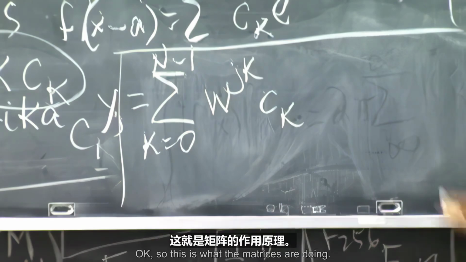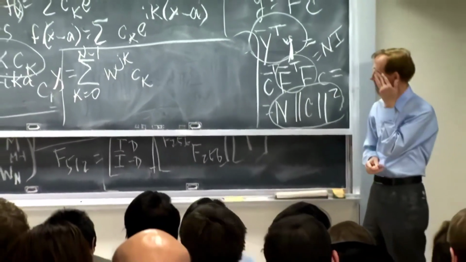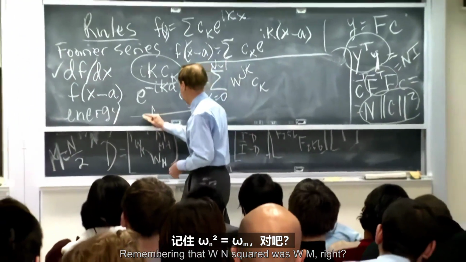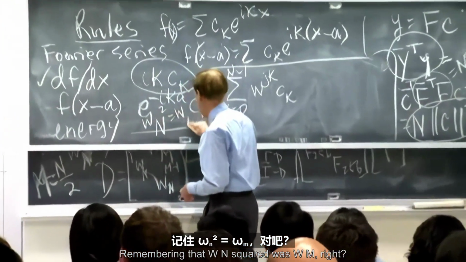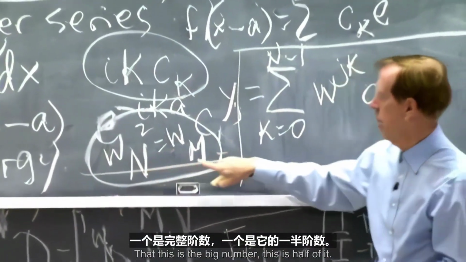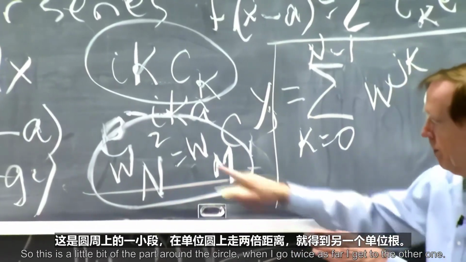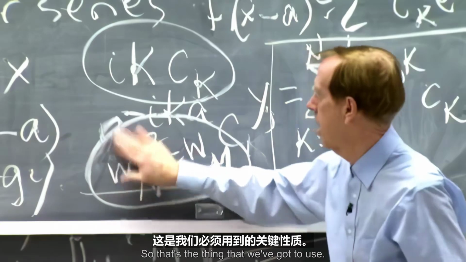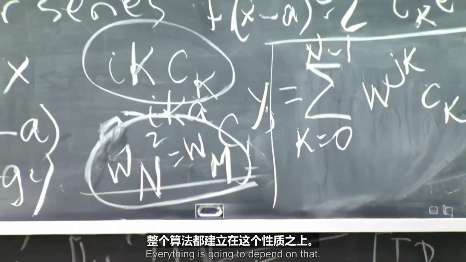So this is what the matrices are doing. And now where do I find that 512 thing? Or how do I get m into the picture? Remembering that Wn squared was Wm, right? That's what we saw. This is the big number. This is half of it. So this is a little bit of the part around the circle. When I go twice as far, I get to the other one. That's the thing that we got to use. Everything is going to depend on that.